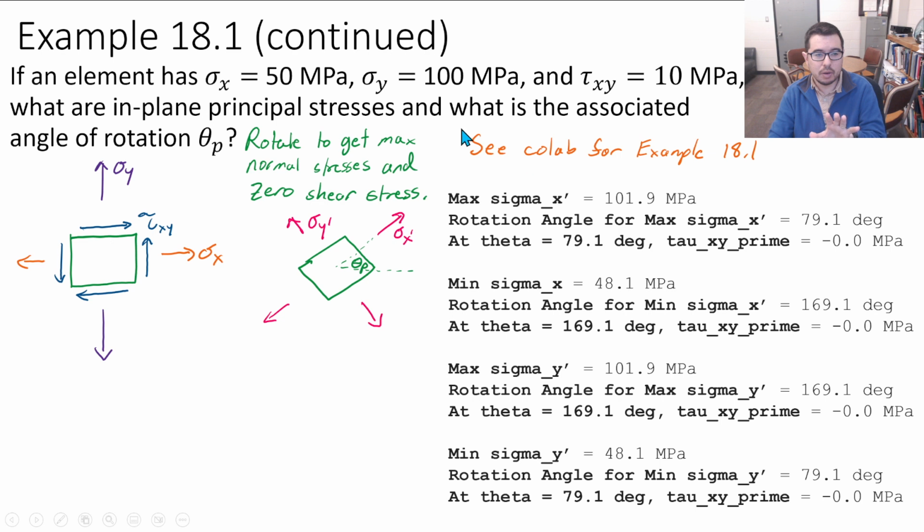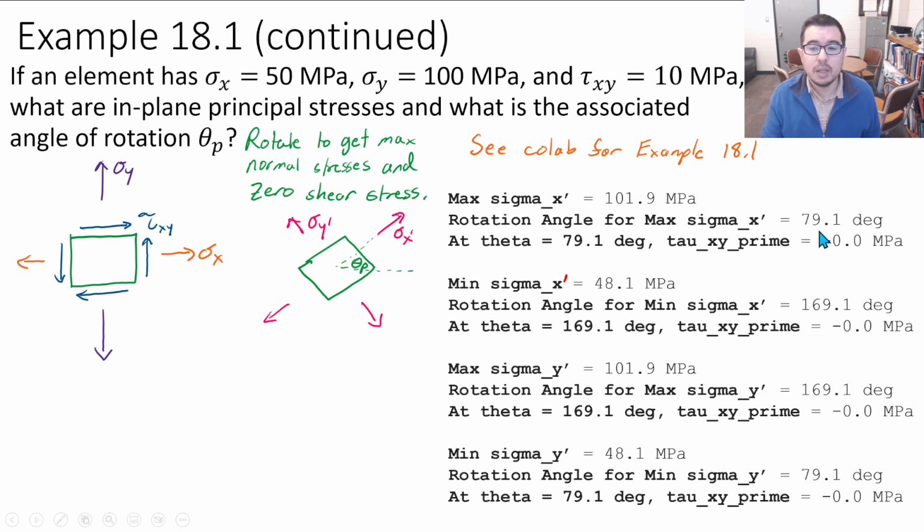if we run the additional code, so you plot in the Colab, and then you run the next section in the Colab, which you have available, what we can do is spit out a bunch of results for the maximum sigma x prime, or minimum sigma x prime, and we can identify these angles.